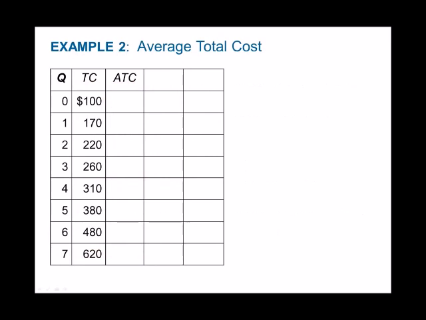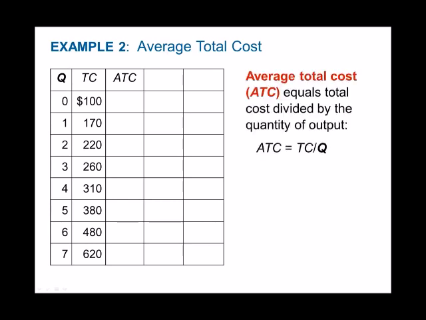So in this case, let's look at an example. If the quantities I'm producing are those quantities and my total cost is 0, 170, 220, or when I'm producing 5 units, it's 380. Average total cost is basically the cost per unit. So average total cost is total cost divided by quantity.